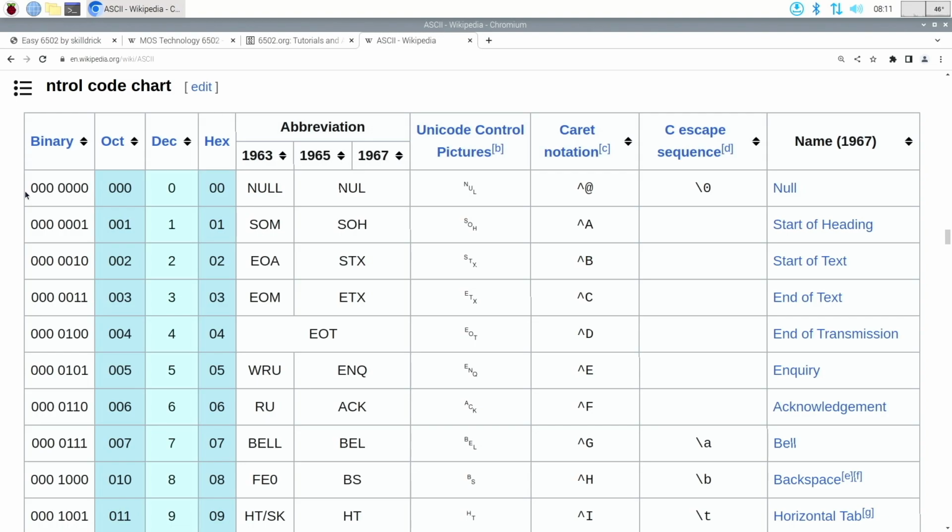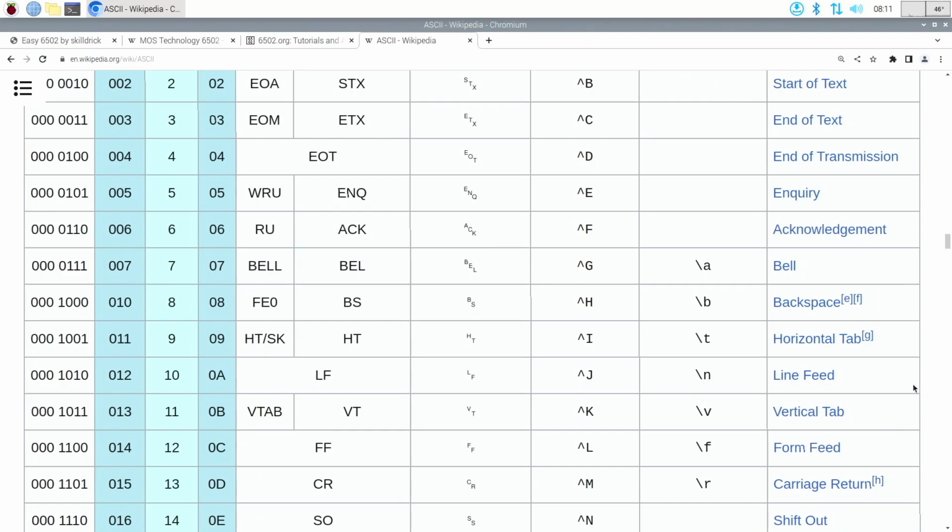The first 32 of these 8-bit patterns don't represent anything that's a printable character. For example, there are two characters, 0A and 0D, that represent line feed and carriage return respectively.